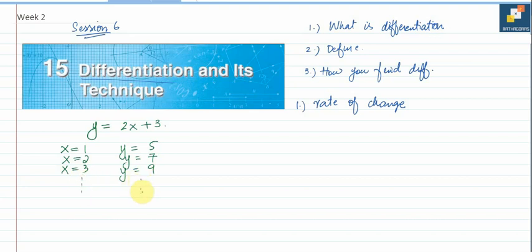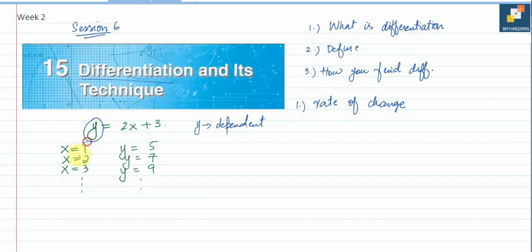So if I ask you a very simple question, do you think y is our dependent variable or independent variable? With this short working, what do you conclude, that y is dependent or independent? Of course you will say that y is dependent, and it depends on x.